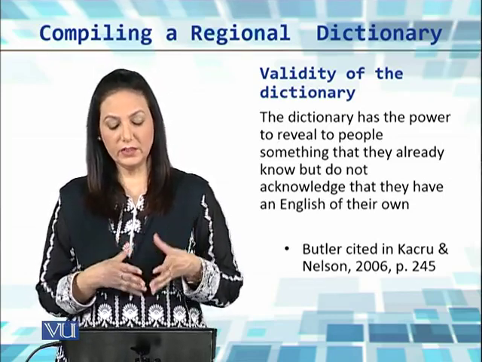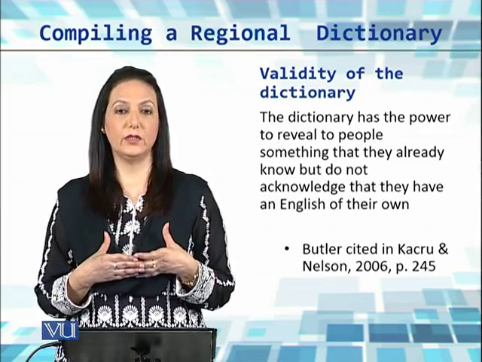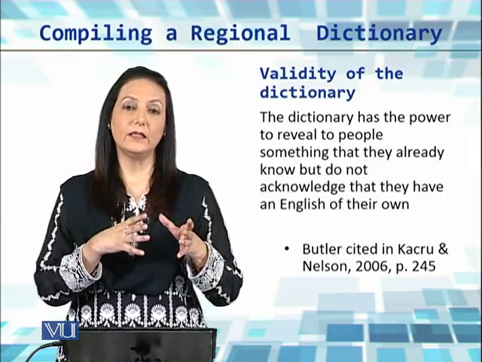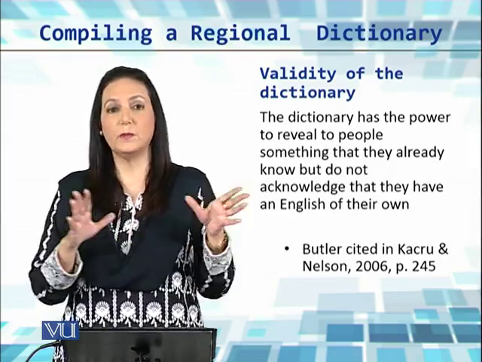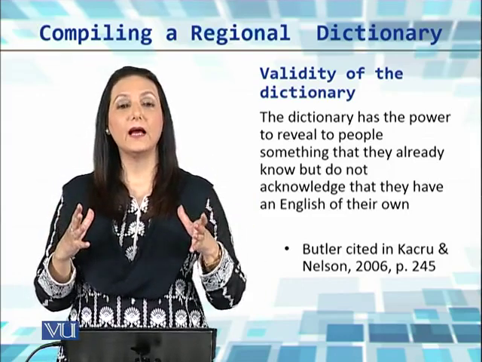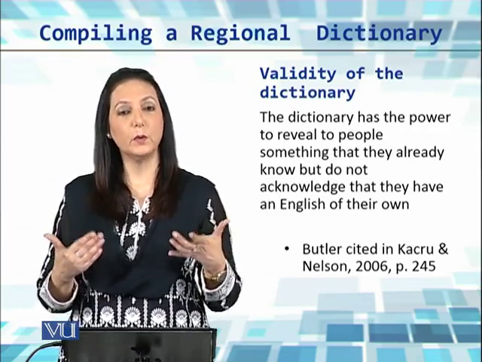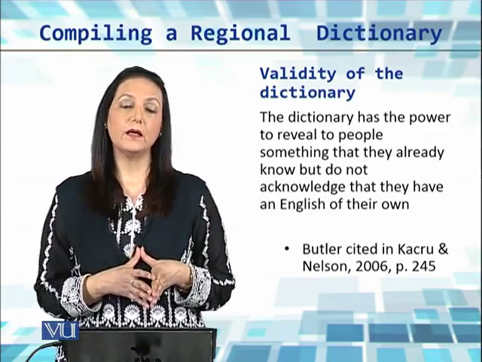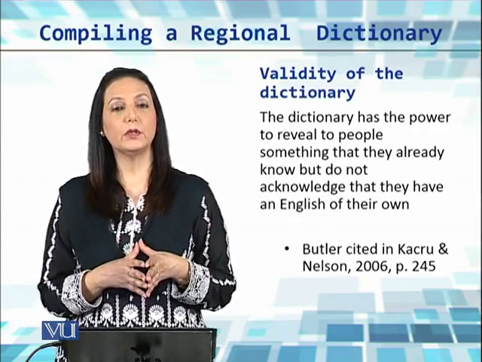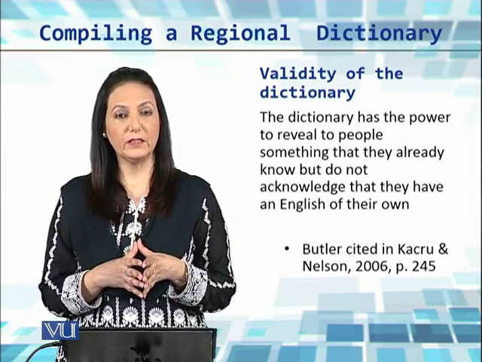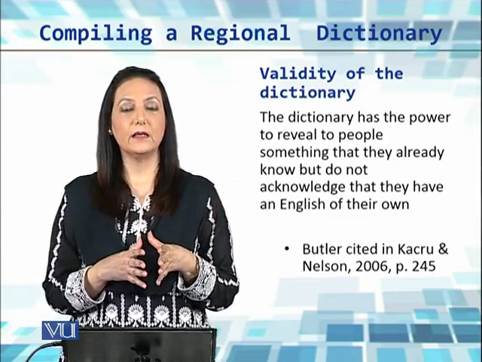They do not speak an English which is American English but different, or which is British English but different. They speak an English of their own. So, the English that they speak, they own it. In this way, a dictionary has the power to force people to acknowledge a variety of English and also establish that variety at the global level.